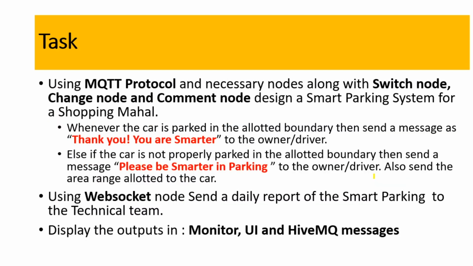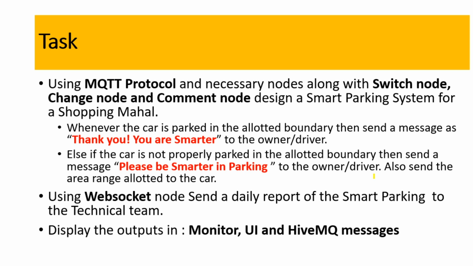So the task: using MQTT protocol and whatever nodes you want, using inject node or function node, use the necessary nodes, and you should use the switch node, change node and comment node. Design a smart parking system for a shopping mall. Here you need to configure two pathways.